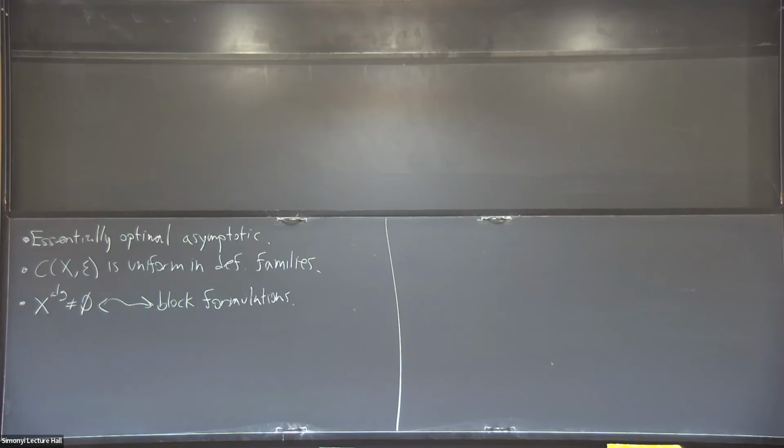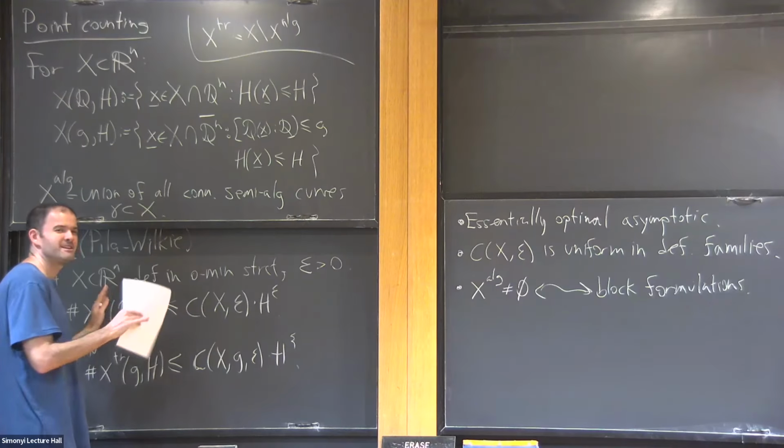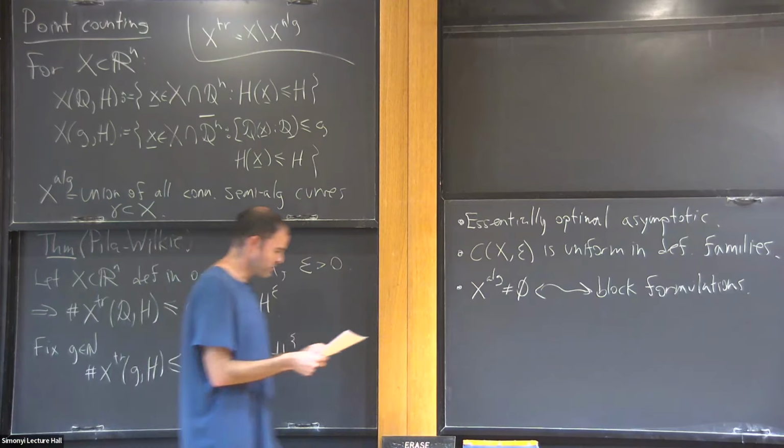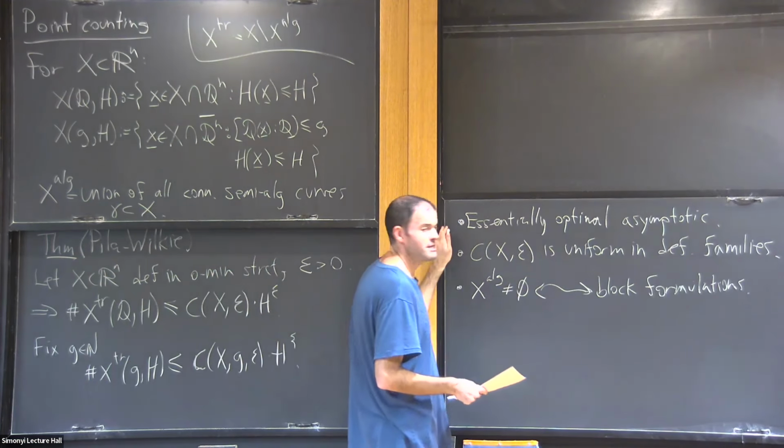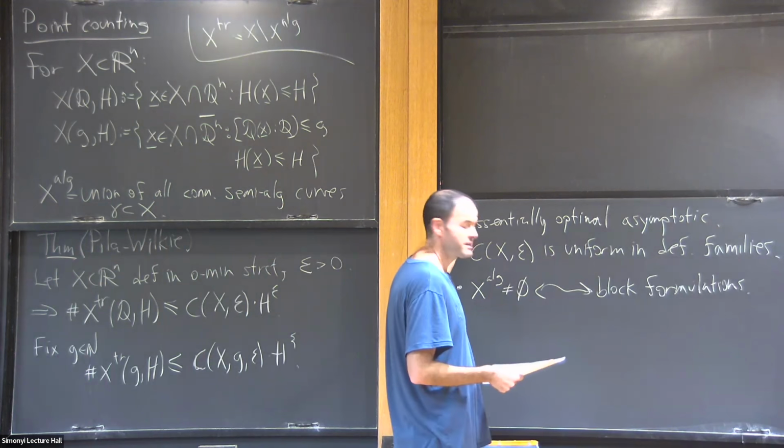There are going to be H to the epsilon algebraic subsets of our set that contain all of the rational points up to H. In practice, you try to apply the theorem, you do have an algebraic subset, and then you use this block formulation, but it's not very different. If you think about the transcendental part, you are basically seeing the main content of the theorem. Okay, and then, I said that this is essentially optimal, but there is a conjecture.